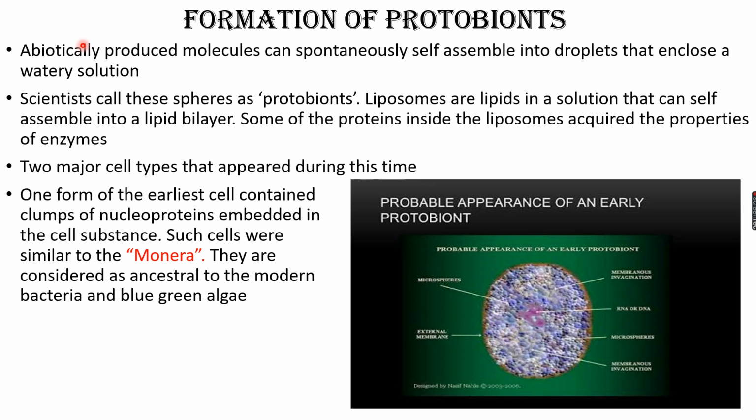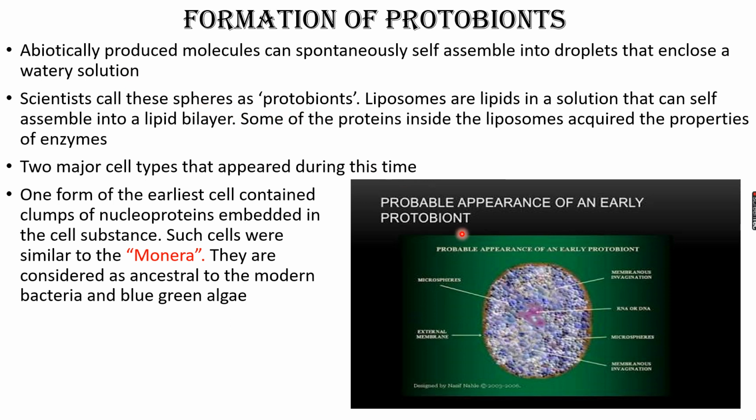At first, in the atmosphere, various abiotically produced molecules, I said methane, hydrogen, and ammonia, all these gases and water vapor, they self-assemble spontaneously. They self-assemble to form droplets in a circular structure, and that is enclosed by a watery solution. And such droplet-like spherical structures are called protobionts.